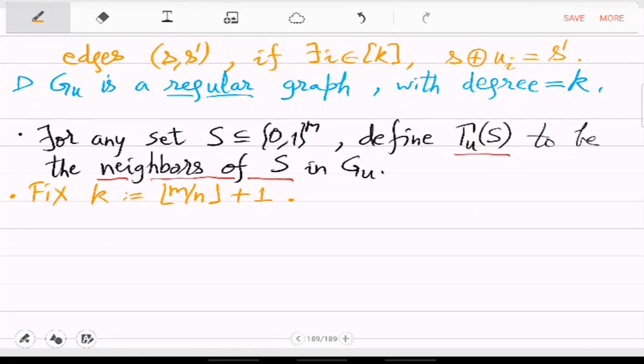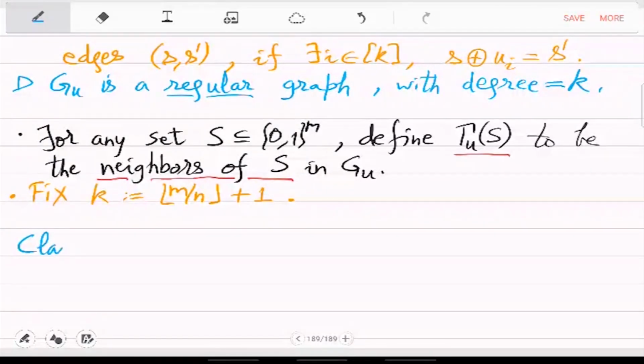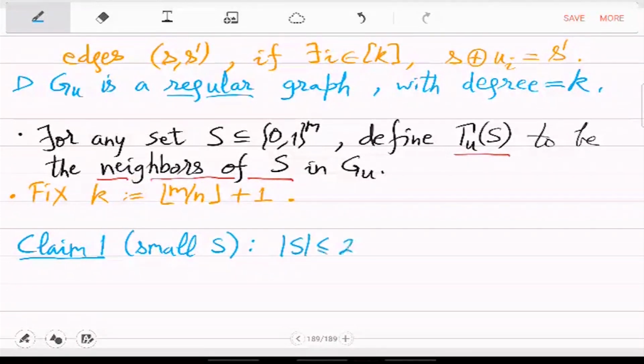Now let us see what happens in this graph GU if we take a set S small versus if we take a large set S. Claim 1 is what happens when S is small. If S is less than or equal to 2 raised to m minus n, then no matter what U is, neighbors are few.